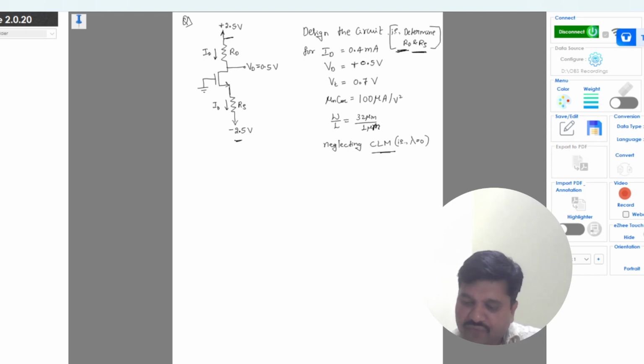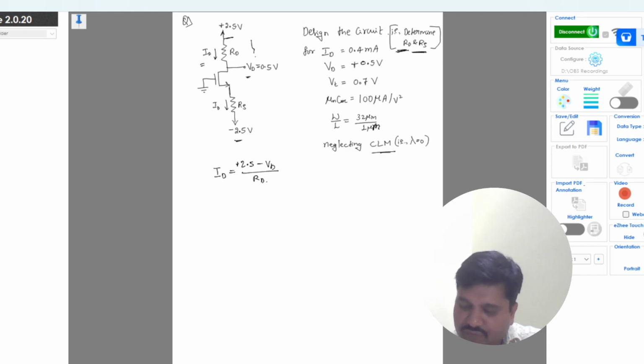Now if we apply a simple Ohm's law across the resistance RD, we can find the current flowing through RD, which is ID, given by 2.5 minus VD, the drain voltage, divided by RD.